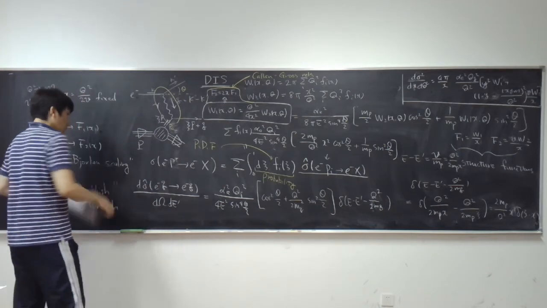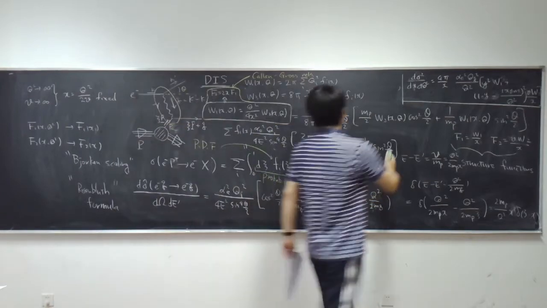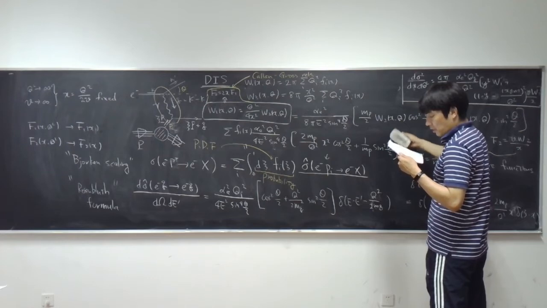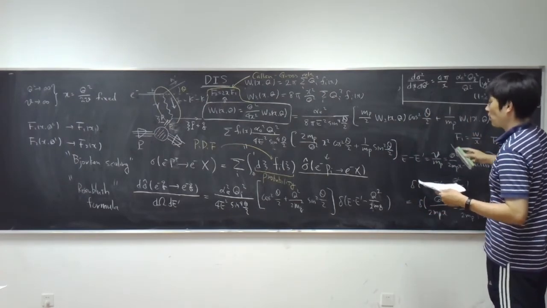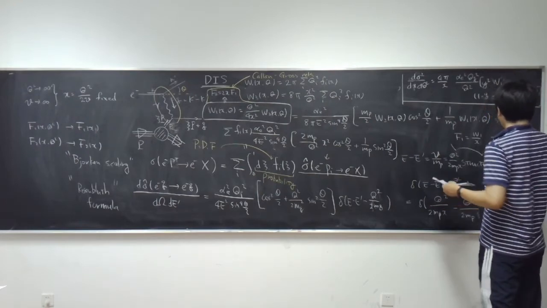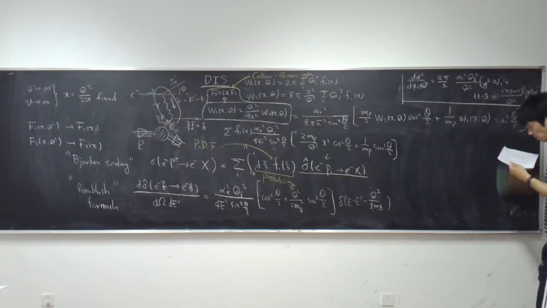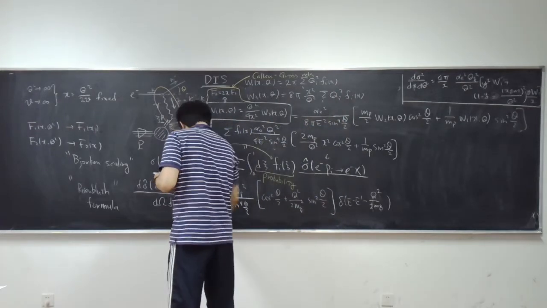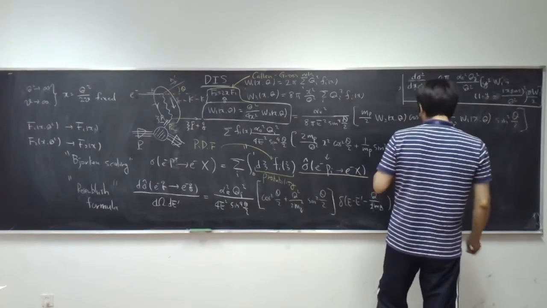If you use this Callan-Gross relation, one can just rewrite this formula in a different way, like this. Maybe I can erase some part.